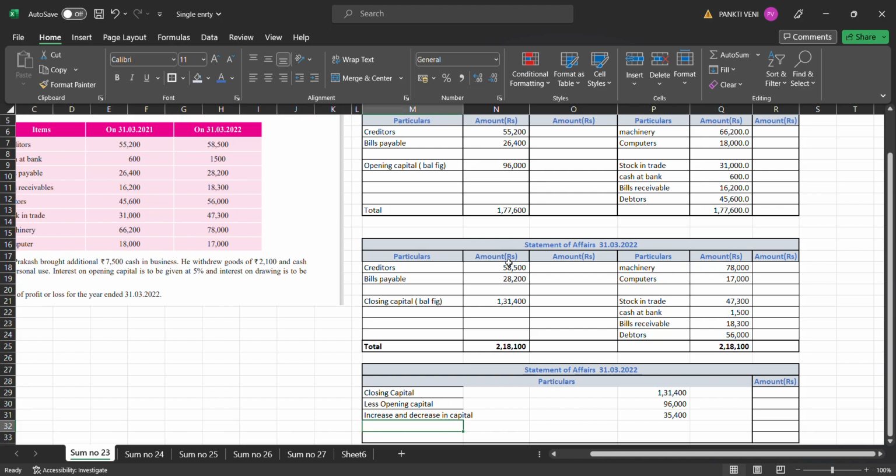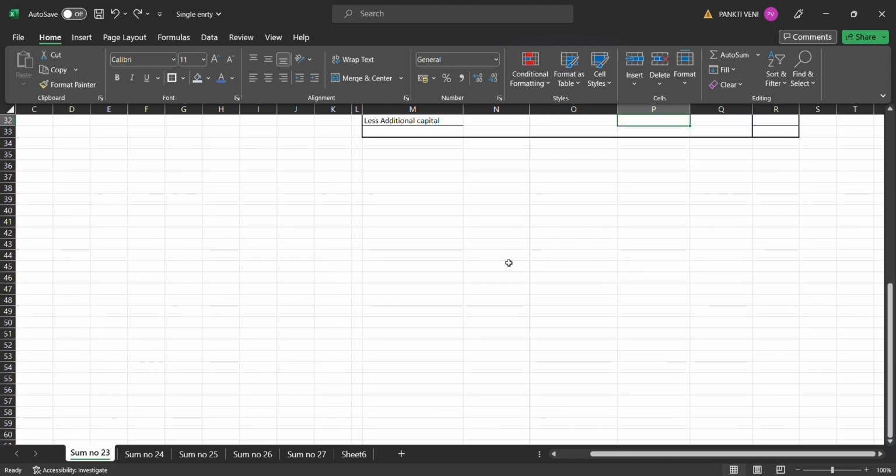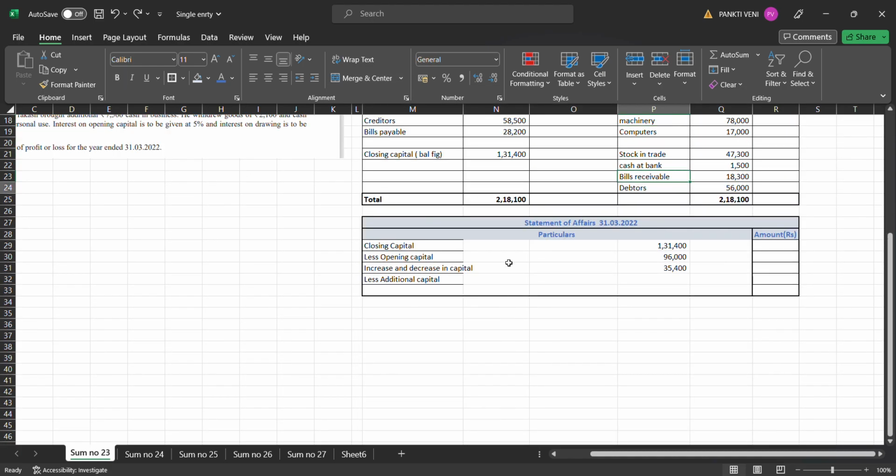Additional capital which I'm supposed to subtract, 7,500.